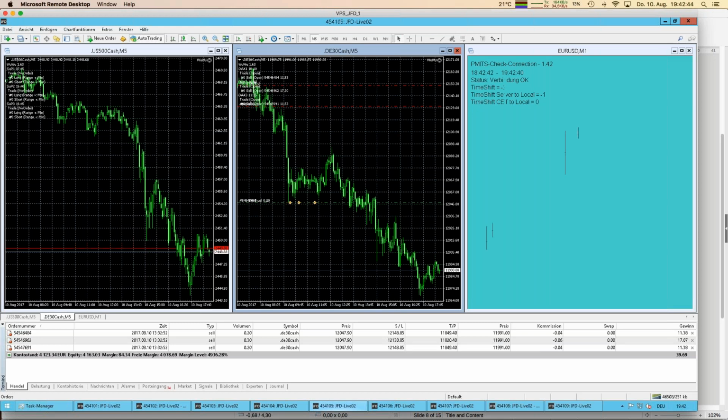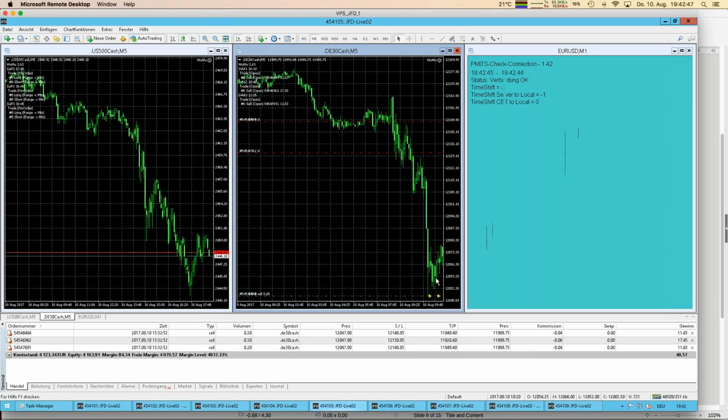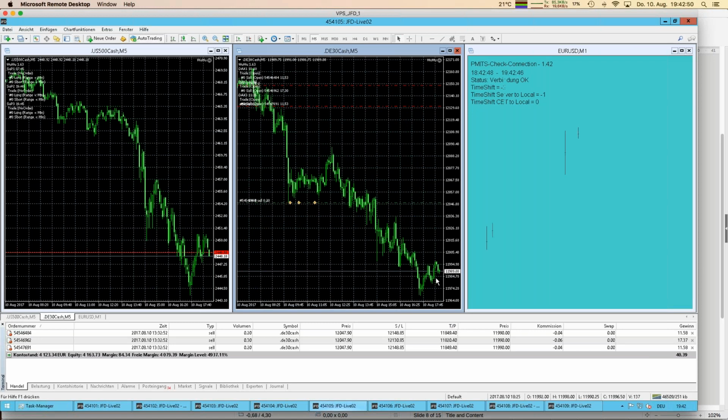Looks not that bad for today. Hopefully we don't get a sudden move to the north from now onwards. But you see that account has started, I think it's now 3 or 4 months, at 4,000 euro. It is now at 4,150 and a little bit.